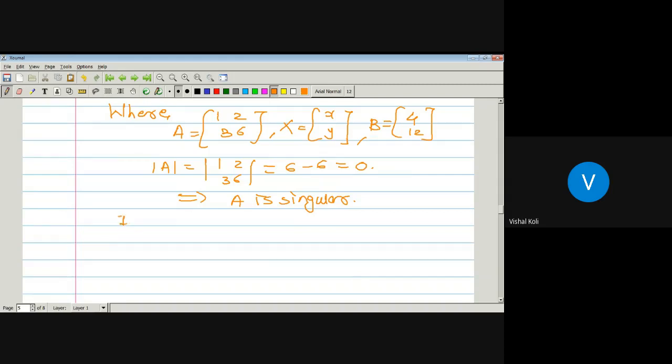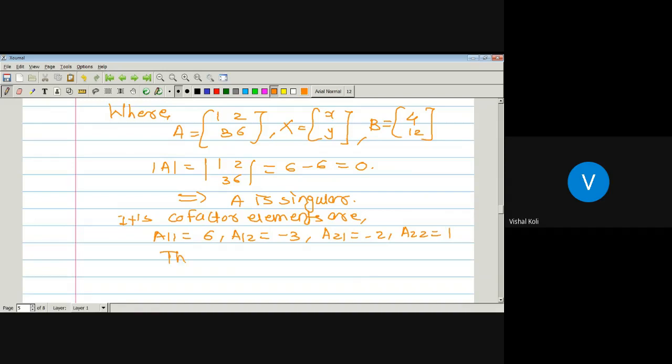So its cofactor elements are: A11 is equal to 6, A12 is equal to minus 1 into 3, which is minus 3, A21 is equal to minus 2, and A22 is equal to 1.